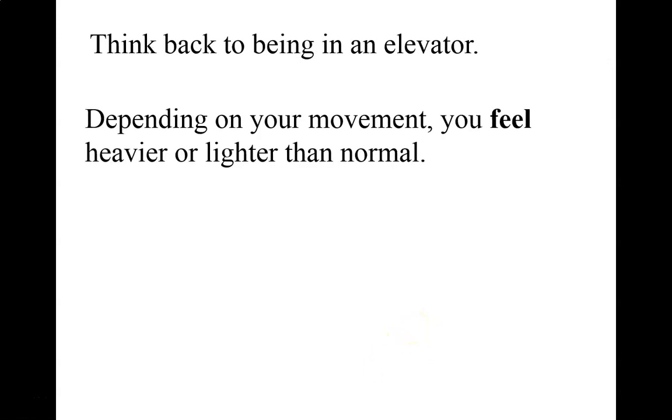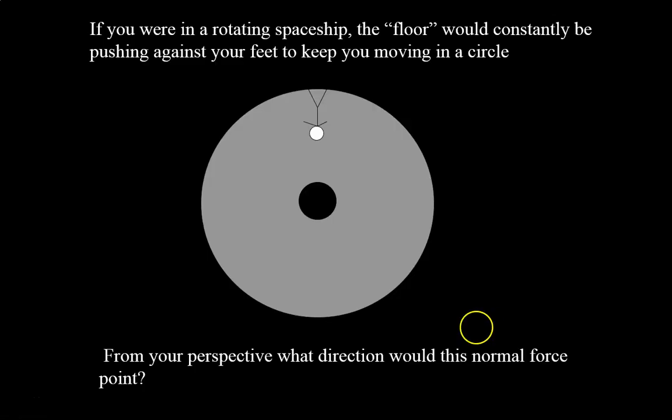So if you're thinking back to an elevator, when the elevator starts moving upwards and is accelerating upward, how do you feel? Well, the elevator pushes you up, so you feel like you're being pulled down. So keep that in mind when we talk about this.